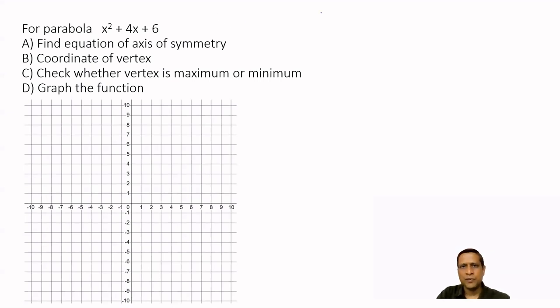So what do we do first? We first find the value of a, the value of b, and the value of c. So a is whatever is multiplied with x square, that is 1. b is 4, that is multiplied with x. And c is the constant number, that is 6.